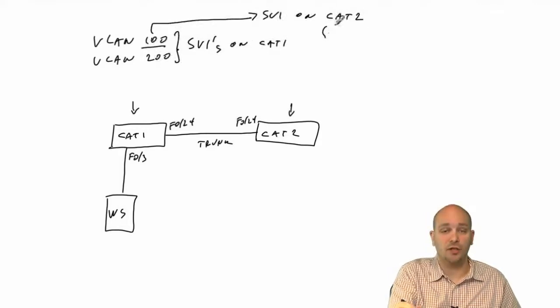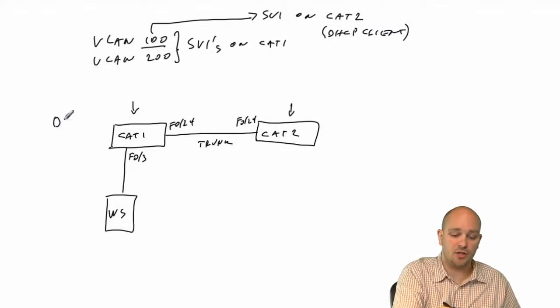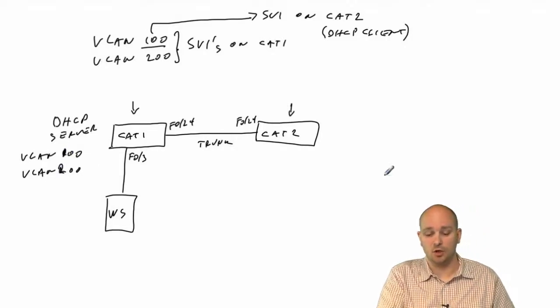And I'm going to configure Cat2 to be our DHCP client. I will configure Cat1 to be the DHCP server in VLAN 100 and in VLAN 200. So this is 1 and this is 2.